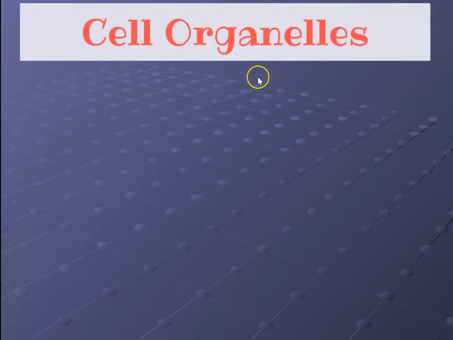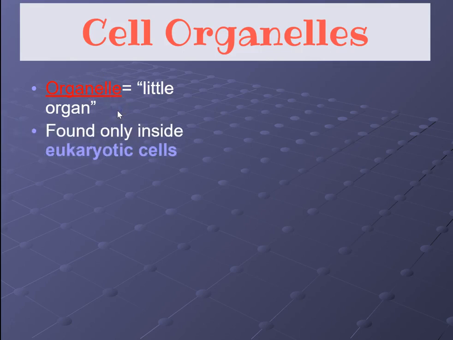So we have different cell organelles. An organelle literally translates to little organ. So again, this is in red, so I recommend writing organelle and its definition. So they are found only inside eukaryotic cells.